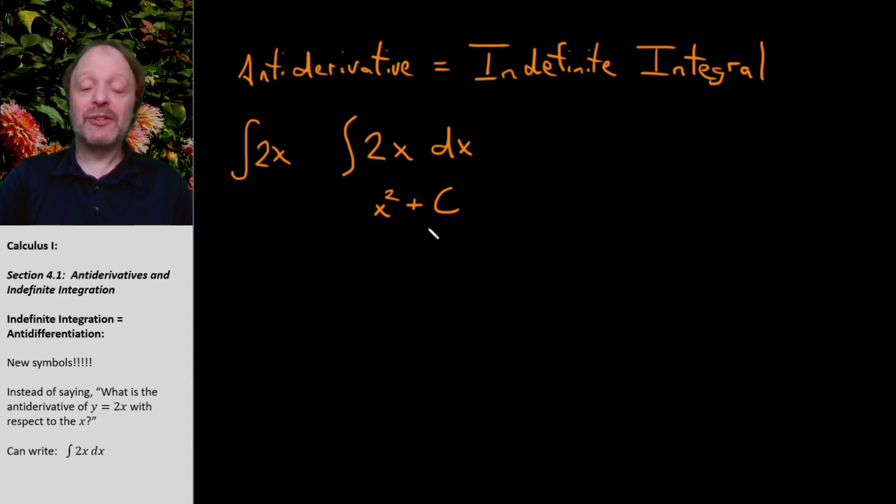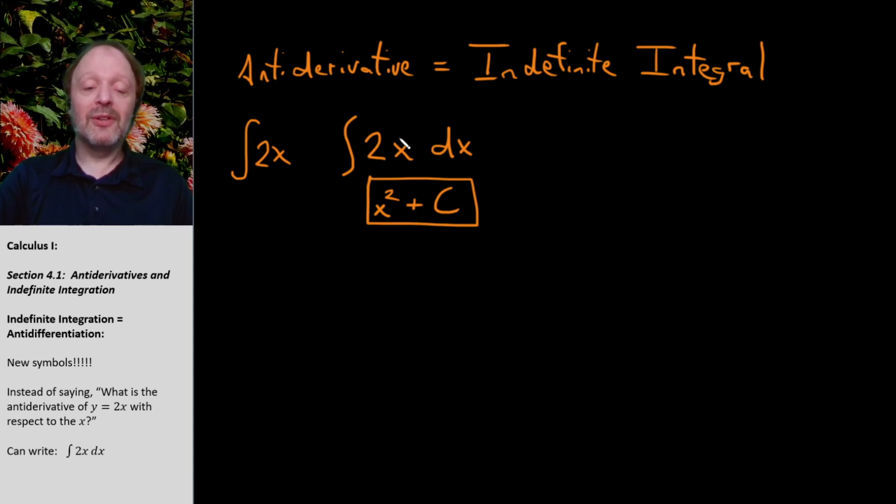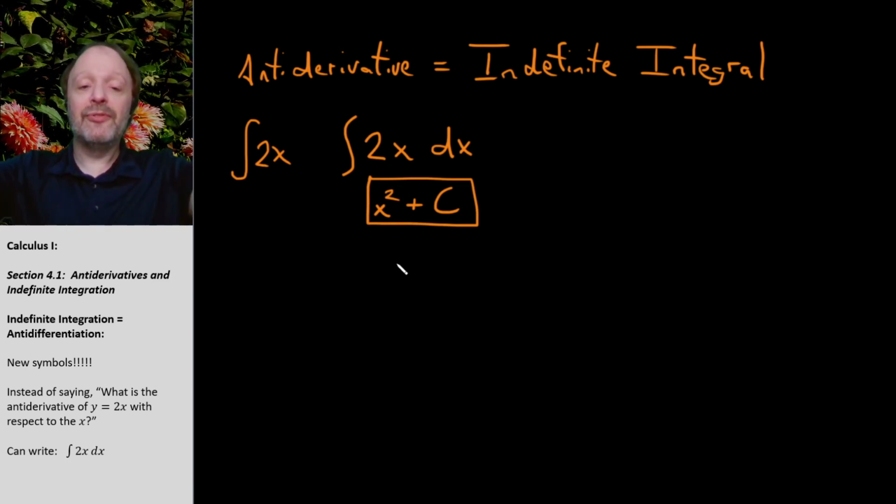This is the general antiderivative, which is what we're looking for when we do the indefinite integral. So this right here is the indefinite integral of 2x dx. It is the antiderivative, the inverse derivative, plus the constant that you have to tack on at the end.